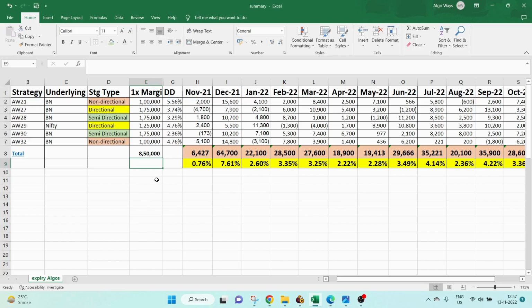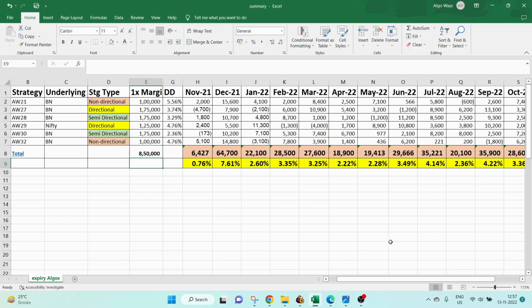The algo AW21 is a Bank Nifty algo which has inbuilt hedges, so it has around 1 lakh rupees as the capital requirement. It can be traded with 90,000, but I have kept it slightly higher with a buffer.